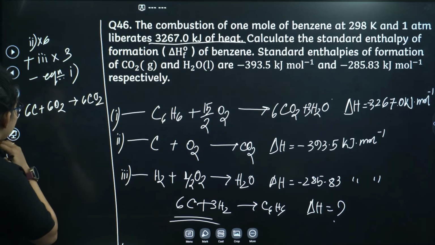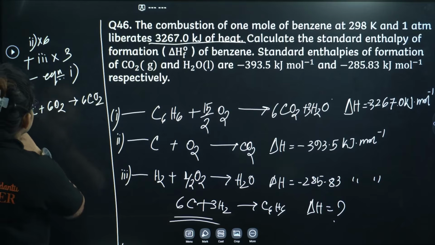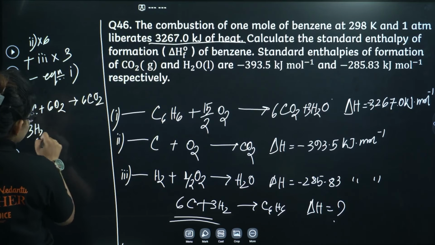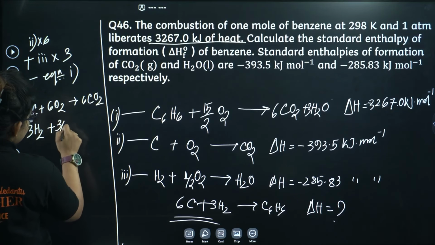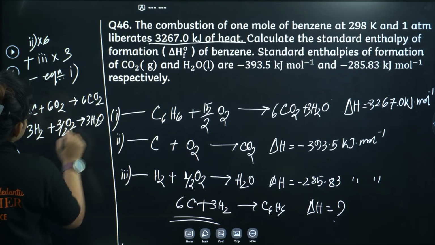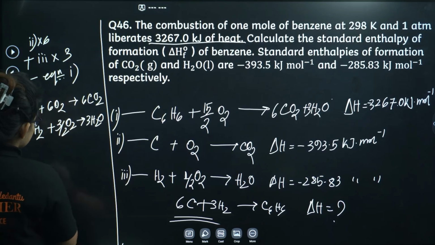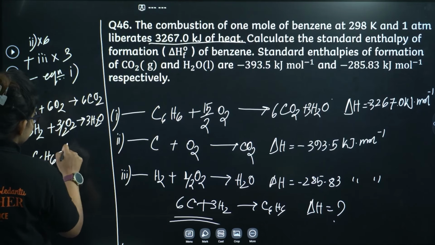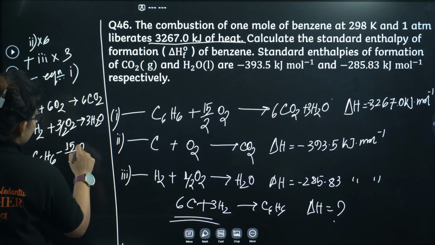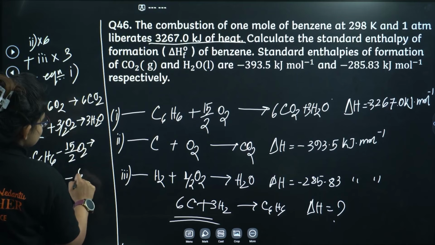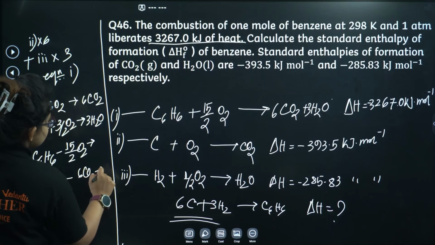Along with that, 3 into equation 3: 3H2 plus 3 by 2 O2 will give you 3H2O. Now minus equation 1: minus C6H6 minus 15 by 2 O2 will give you minus 6CO2 minus 3H2O.